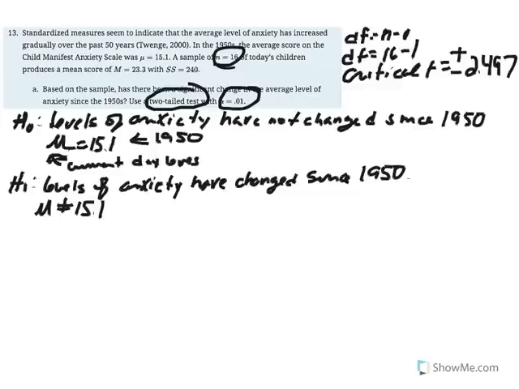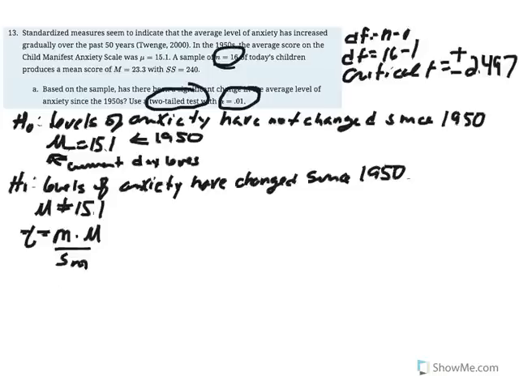Now we're going to calculate our statistics to test for significance. So our T is equal to M minus mu over our estimated standard error. We need to calculate our standard error. Before I do that, I just noticed that we have SS, so we don't have variance yet, so let's do that first.